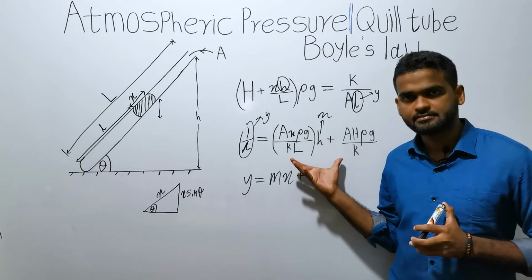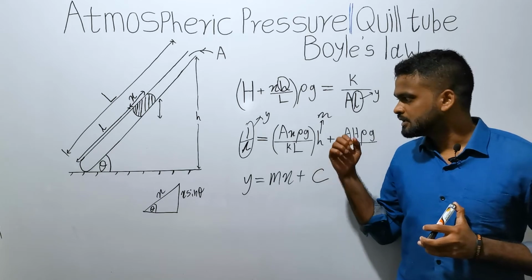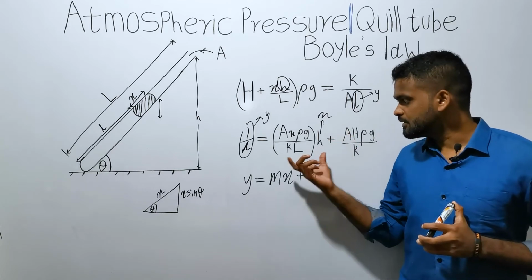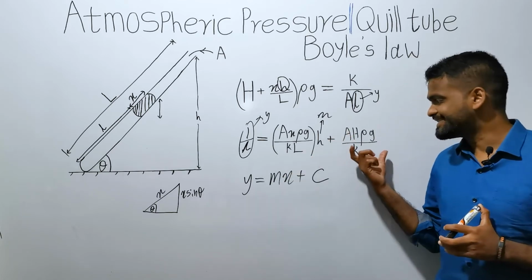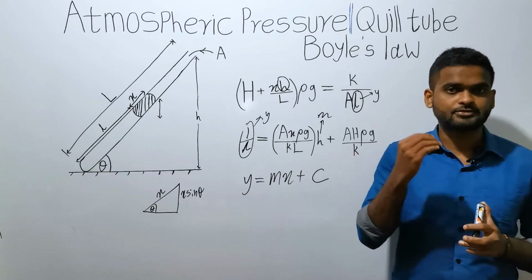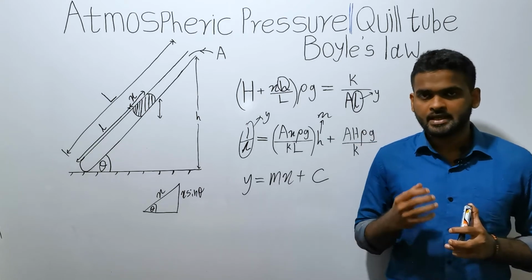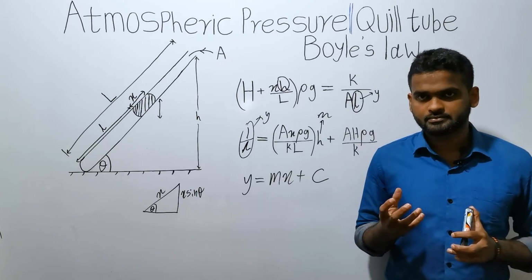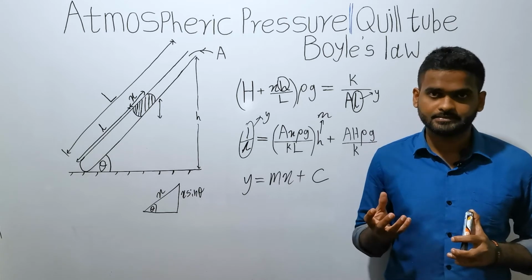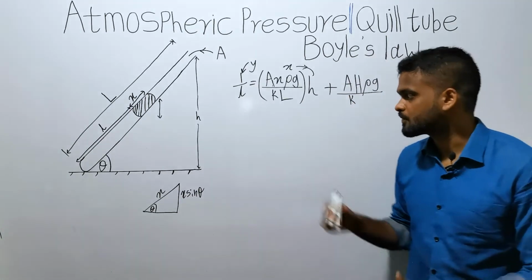So we gained this equation by assuming that Boyle's law is correct. According to this, we should get a linear graph with a positive gradient and a positive intercept. So if the experimental data shows a graph like that, Boyle's law is verified. So the graph should be something like this.